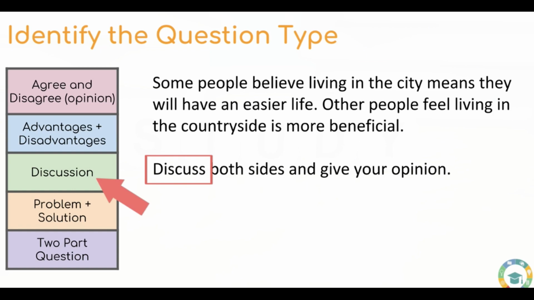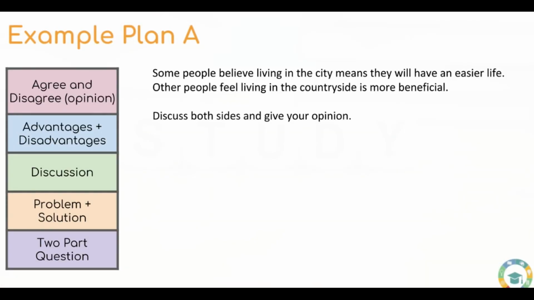Now that we've seen how to identify question types, it's time for us to really have a look how to create your plans. Let's go back to this first question about living in the city versus the countryside. It's a discussion question and it does ask you to give your opinion.